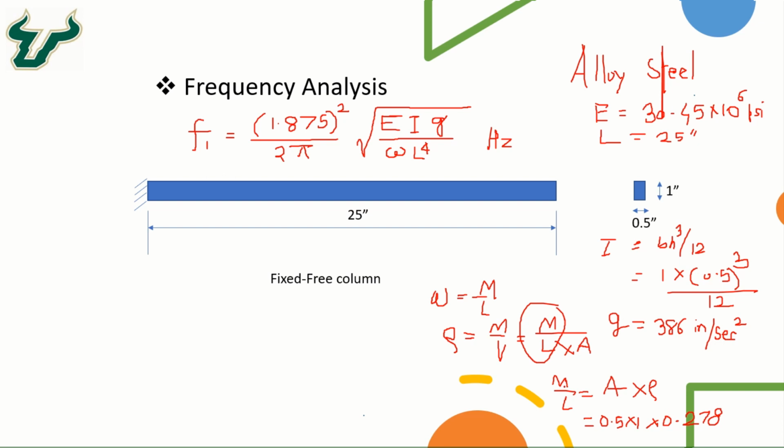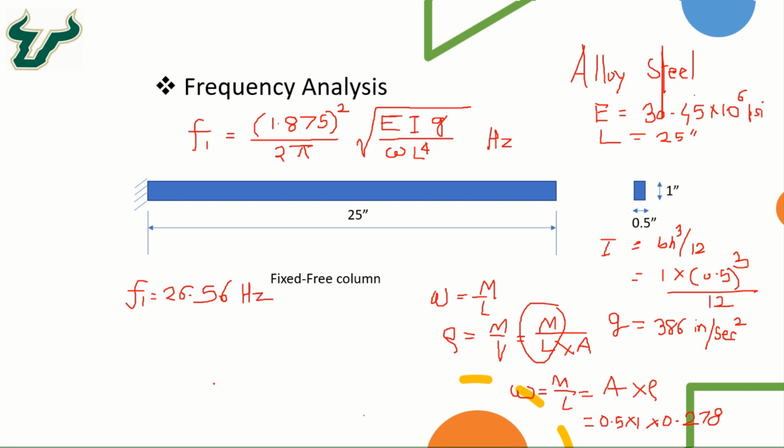And so once we get this value of W, which is mass per unit length, as 0.5 times 0.278, substitute here, substitute all other values. In this case we will figure out the fundamental natural frequency is coming out to be 26.56 Hertz.